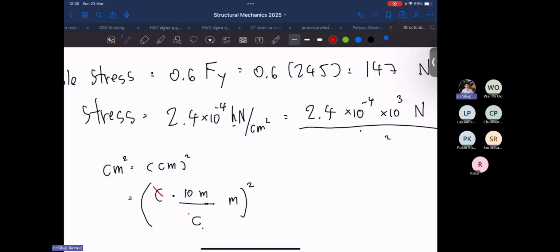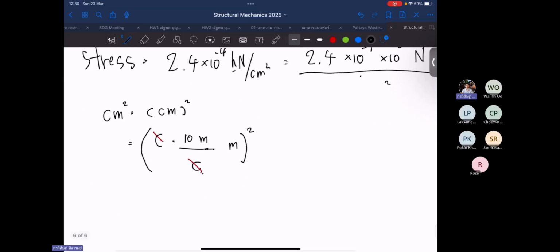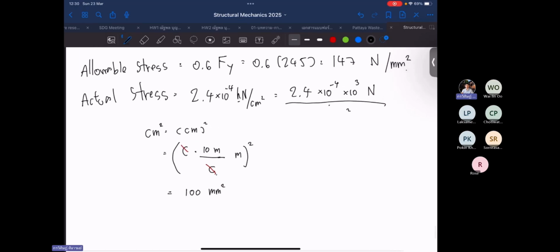Then we cancel this term. And so 1 square centimeter equals 100 millimeter square. Might be correct. Let me check. Okay, correct. 1 centimeter square equals 100 millimeter square.